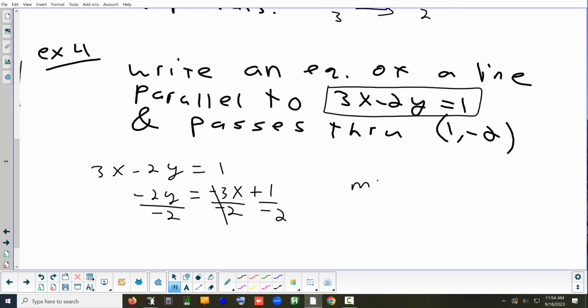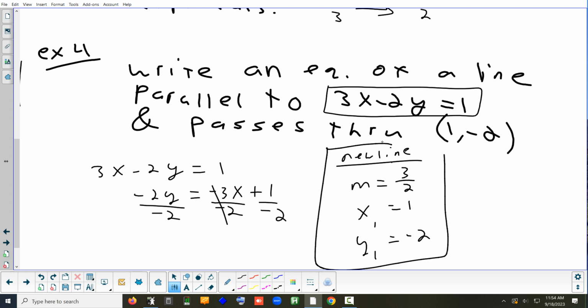3/2. And if I want to create another line that's parallel to that one, what will the slope of that line be? It has to be the same thing. So the slope of the new line is 3/2. The point that the new line has to go through is (1, -2).